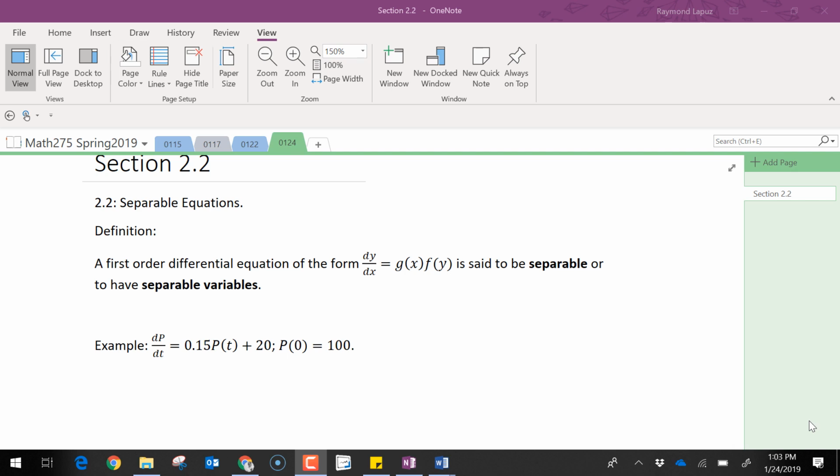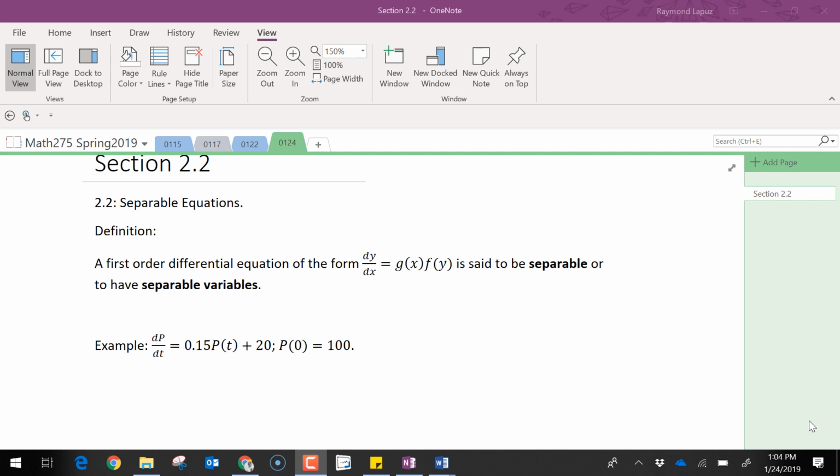Now, if you have something that you're multiplying and dividing, those things are pretty easy to separate. When you start introducing addition and subtraction, that might make things a little bit more complicated, and you might not be able to separate it. So not all of the first order differential equations are separable. So you have to know when to separate and know when you cannot separate and use something else.